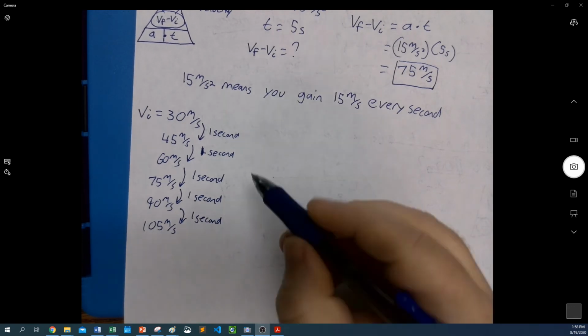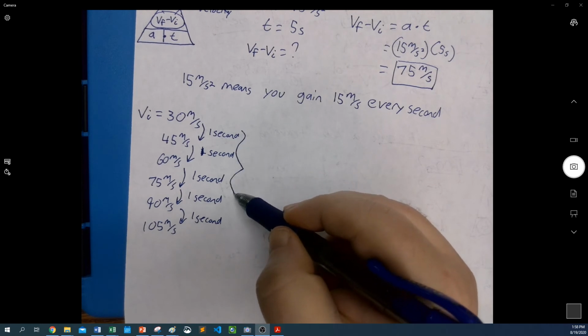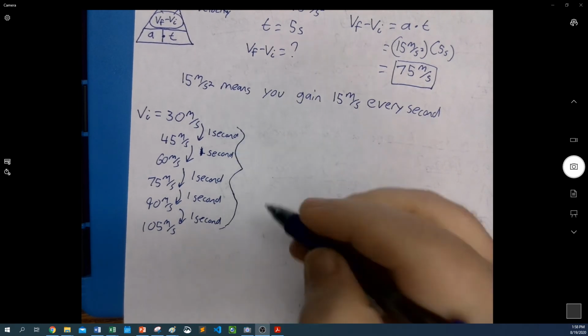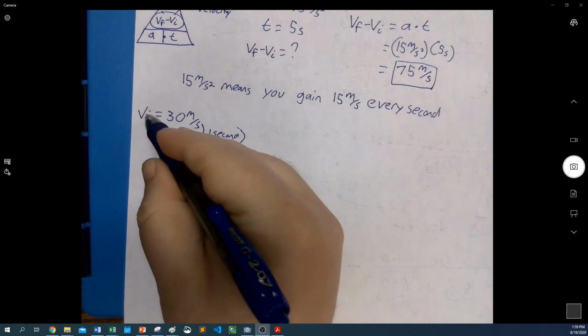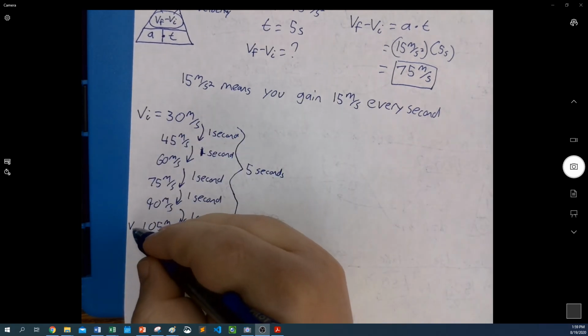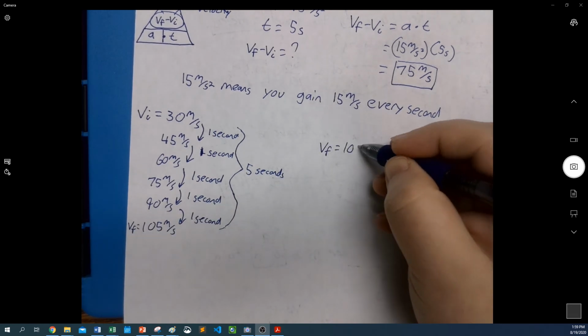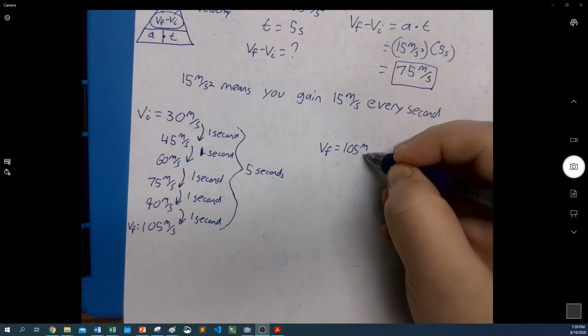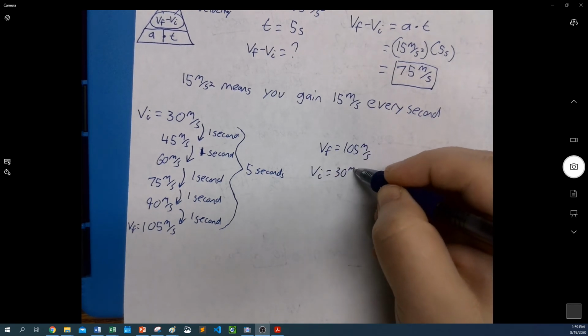So for a total of 5 seconds, let's look at the initial versus the final. So our final was 105 meters per second. Our initial was 30 meters per second.